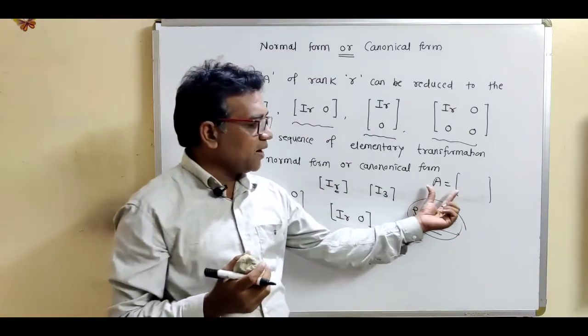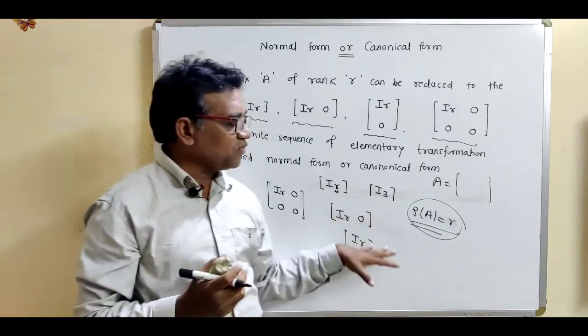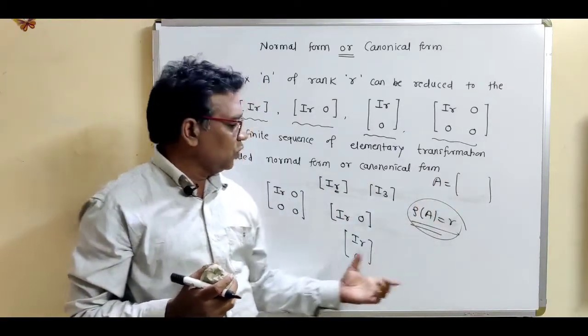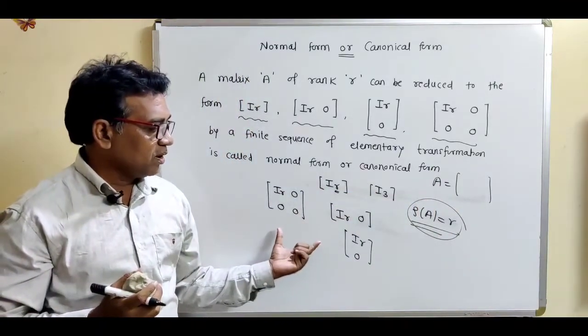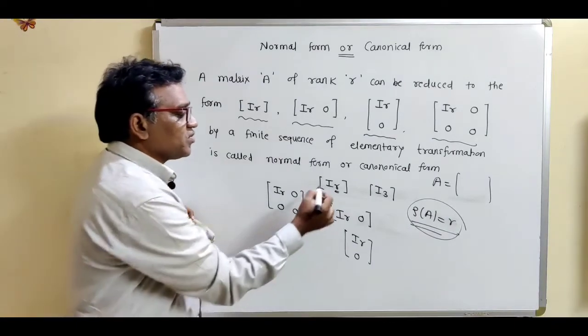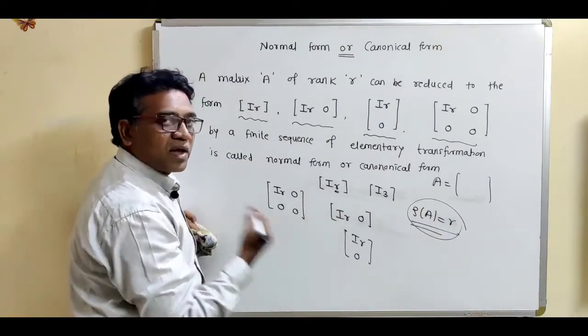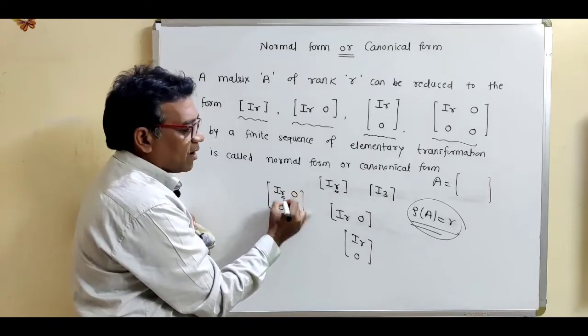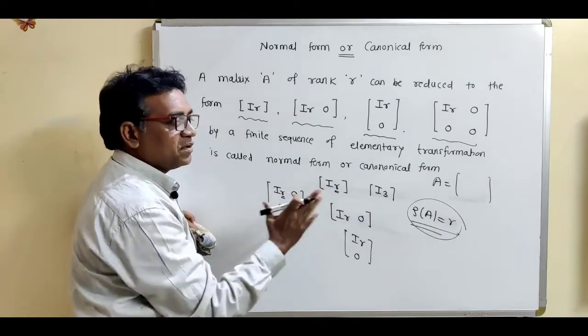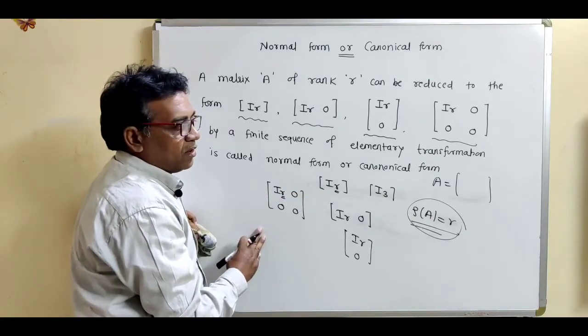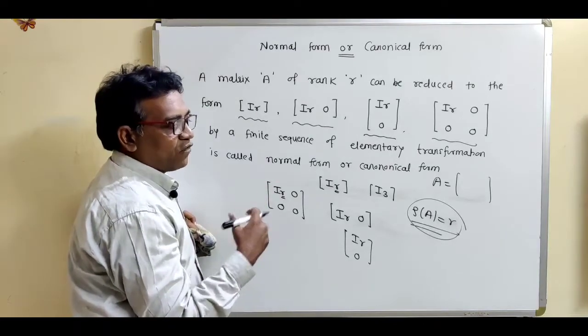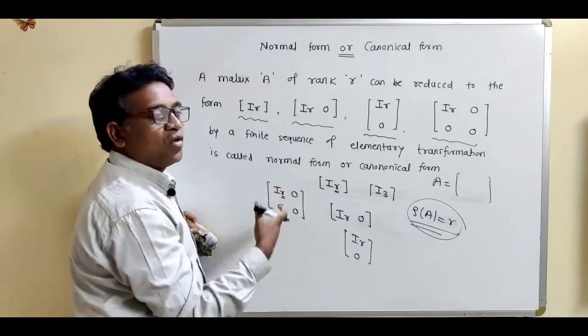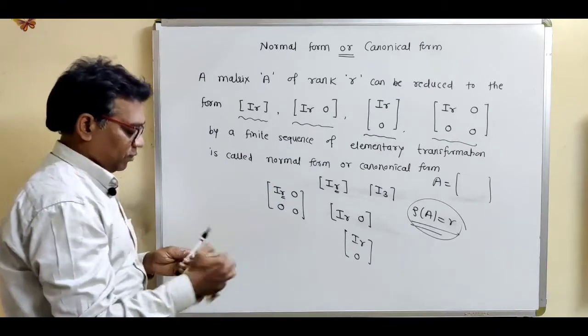If you reduce this matrix A to one of the forms, then we can say that this is the normal form or canonical form, where R is called the rank of the given matrix. So let us take some example for finding the rank by using this normal form or canonical form.